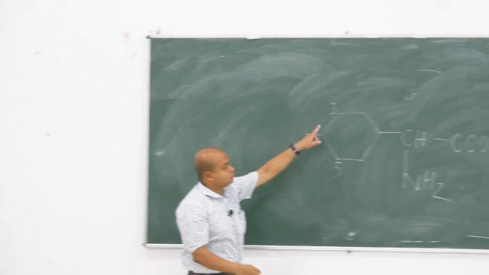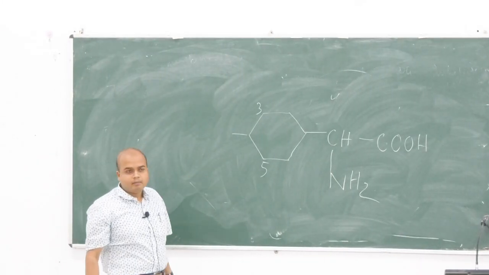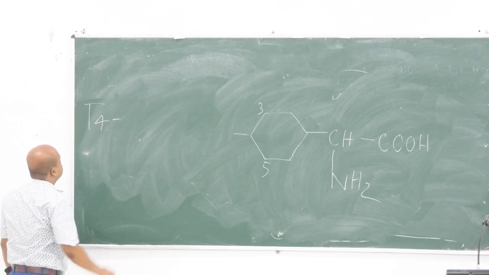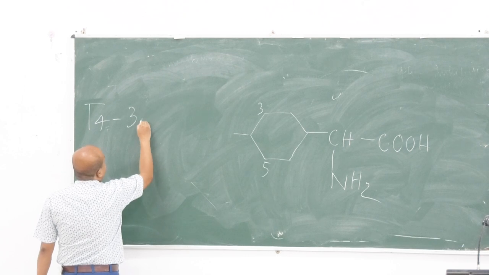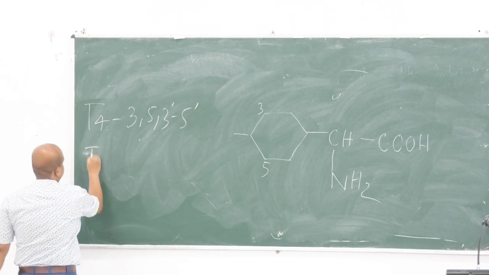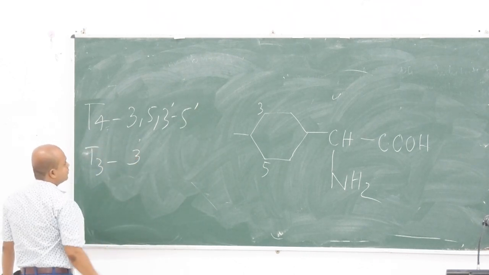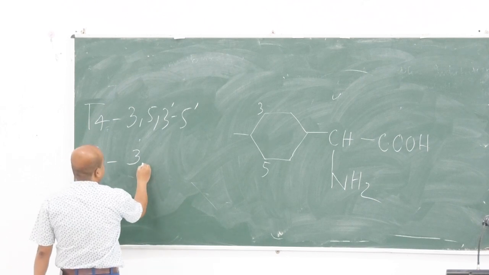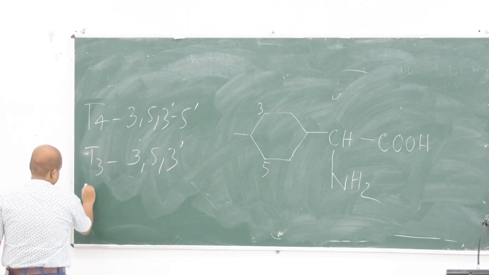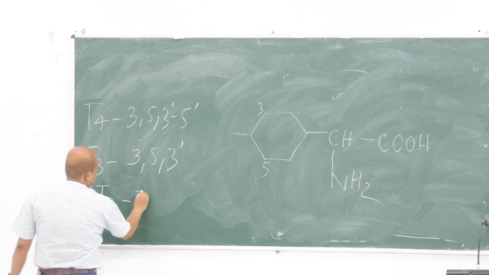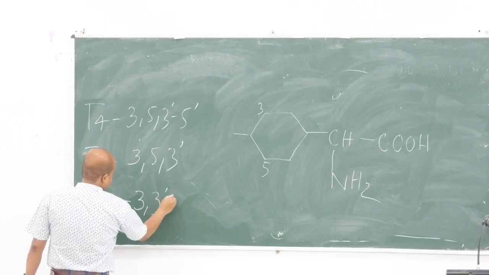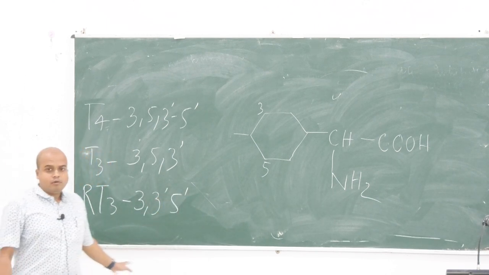So we will concentrate on 3 and 5. Why? I am explaining this.